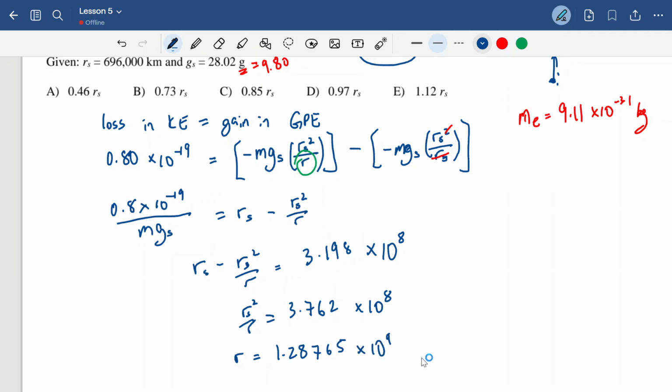Oh, so big. So divide by 696,000,000. Around I got 1.85 RS.